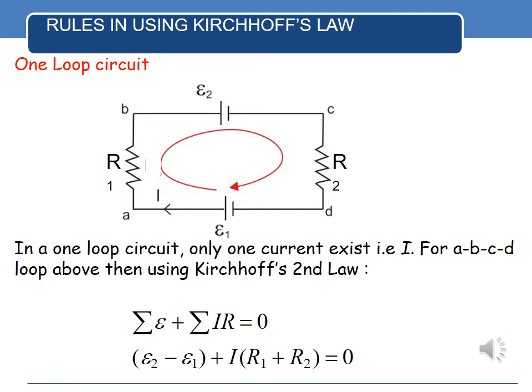We only have a single current I, and its direction is the same as the red arrow, so I is positive. So we can write this down: epsilon 2 minus epsilon 1 plus positive I times (R1 plus R2).